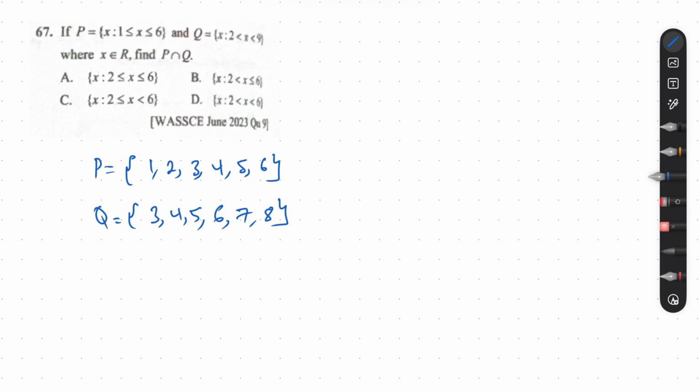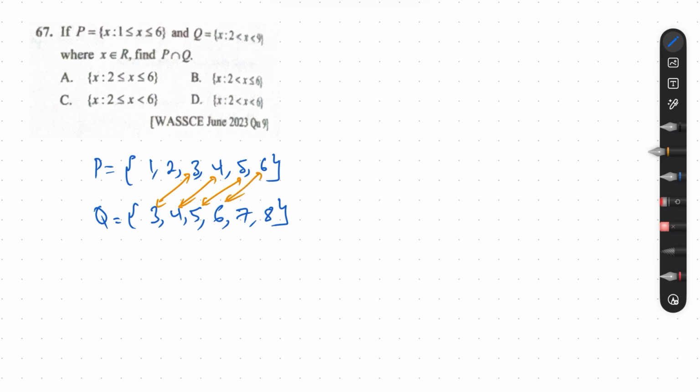Now we need to find P intersection Q. Which elements are common to P and Q? We don't have 1 here, 2 is not here, but we have 3, we have 4, we have 5, we have 6.